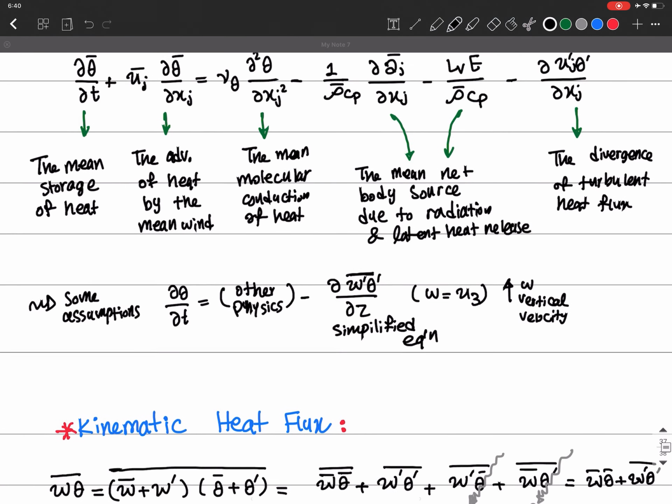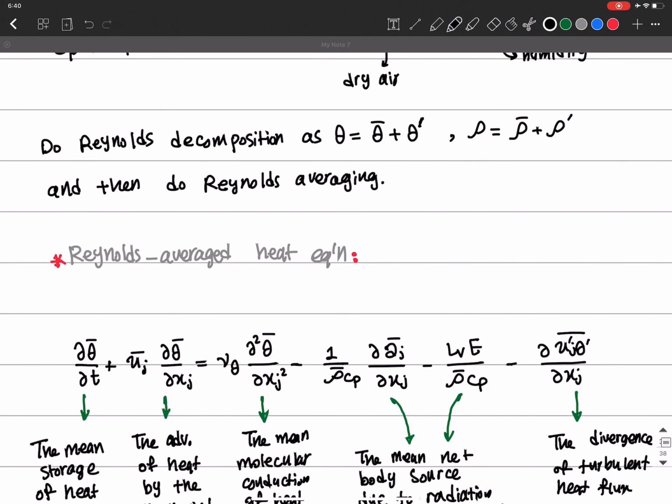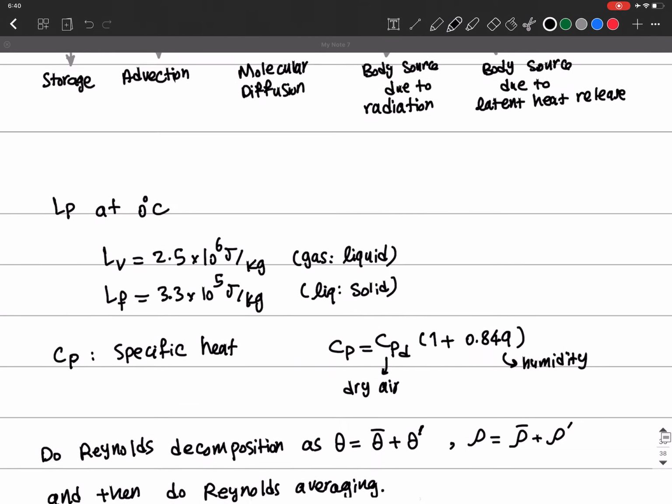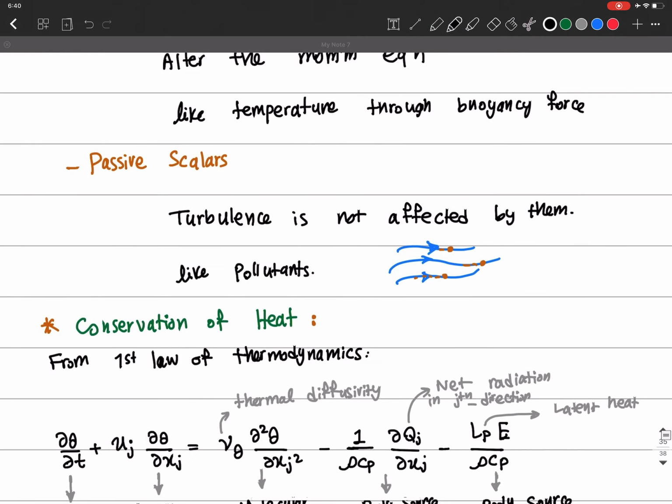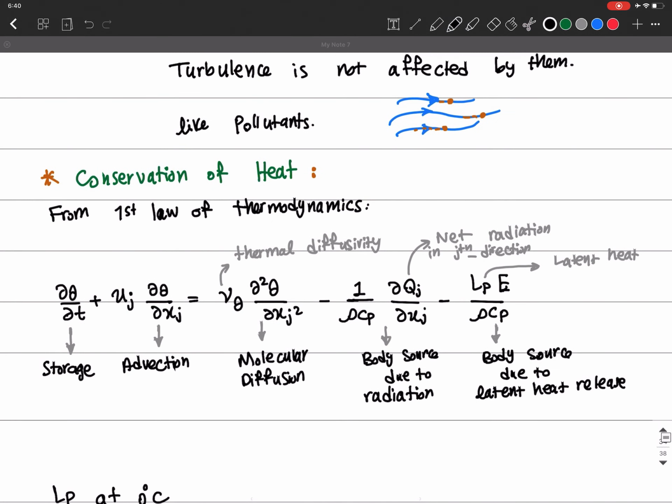So this is the Reynolds average heat equation that we had, right? If you subtract this from this conservation of heat equation here, okay?